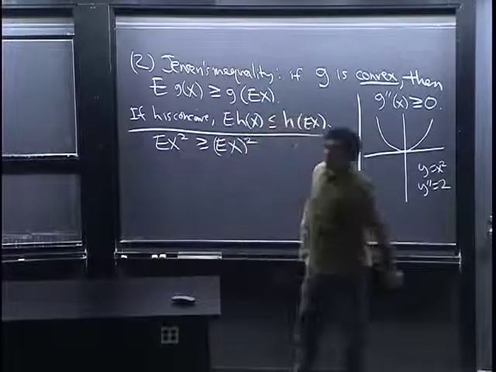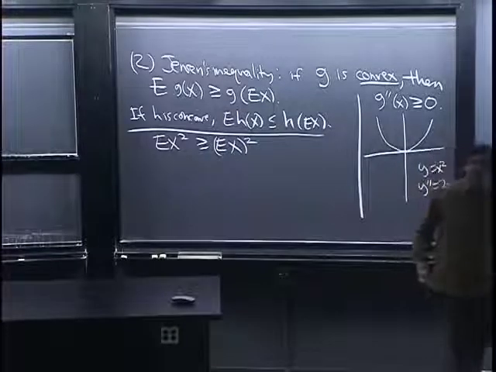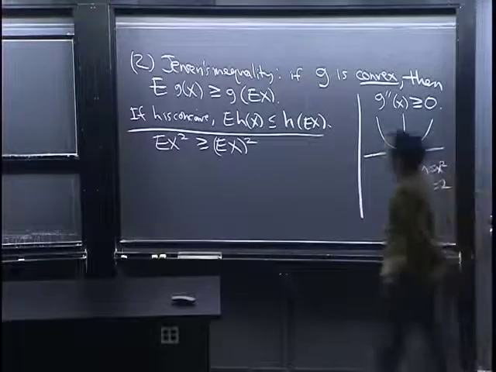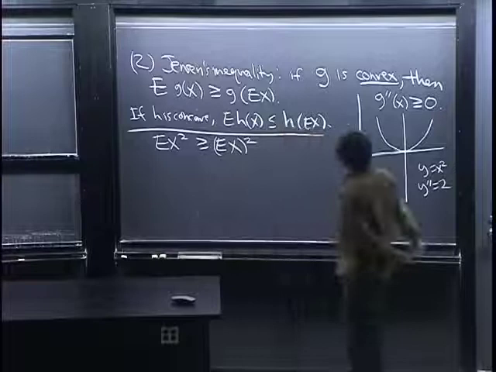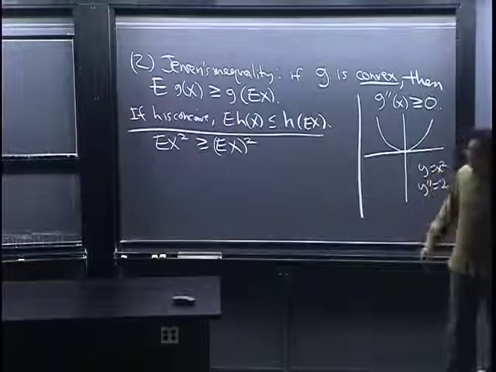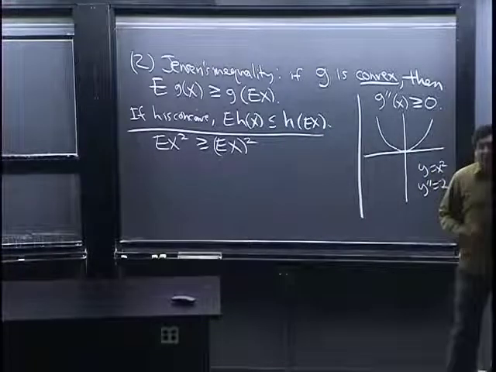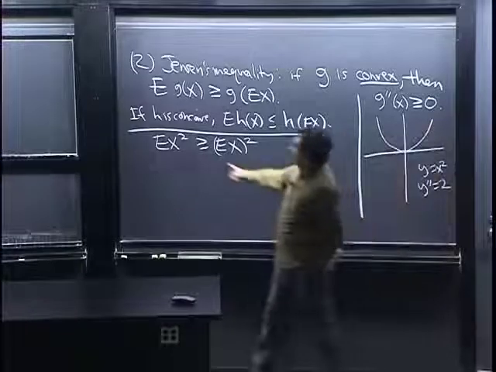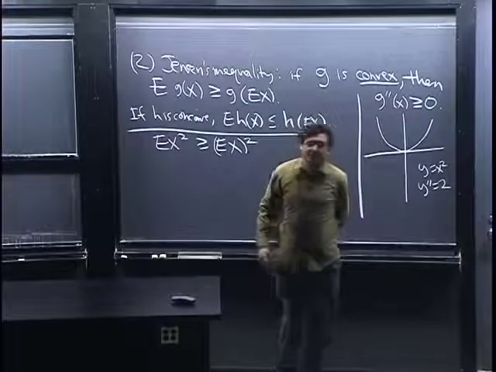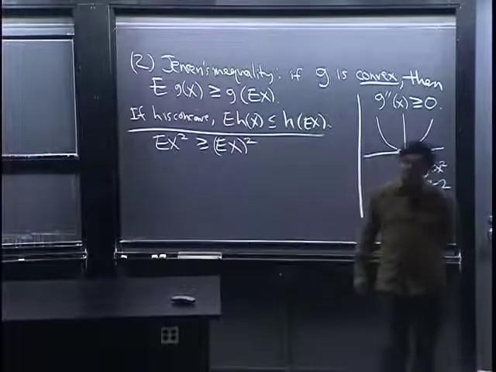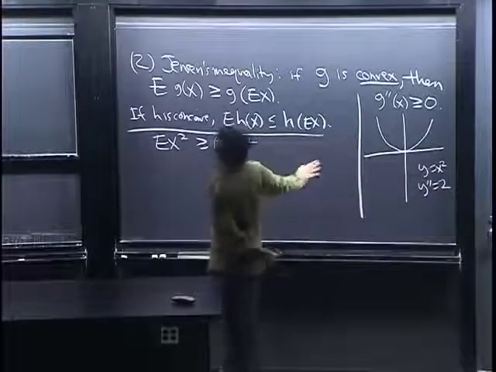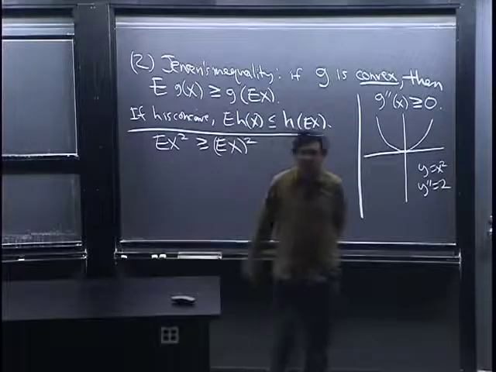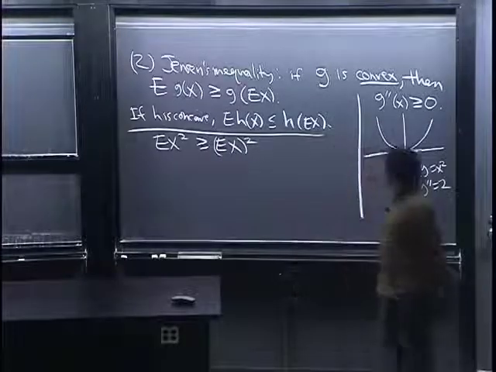We already knew that fact because variance is non-negative. So if you ever forget which direction this inequality goes, just think back to your friendly old parabola. X squared is convex. The inequality goes this way. We already knew that, so you shouldn't get confused about which way the inequality goes. So that's an example. We're going to prove that this inequality is true, just doing a couple examples first.